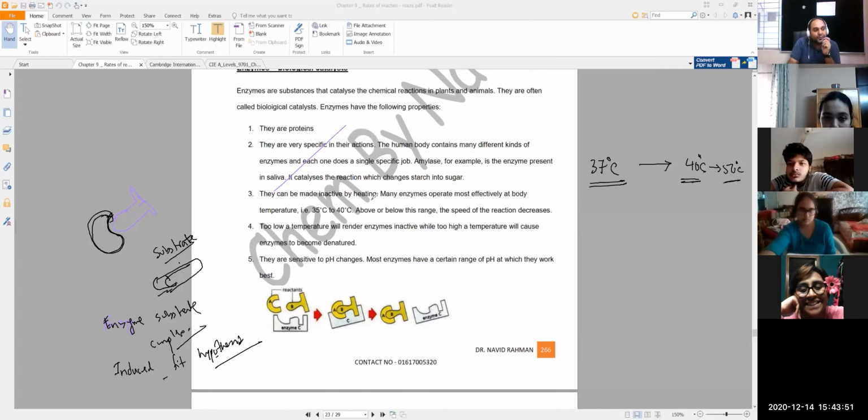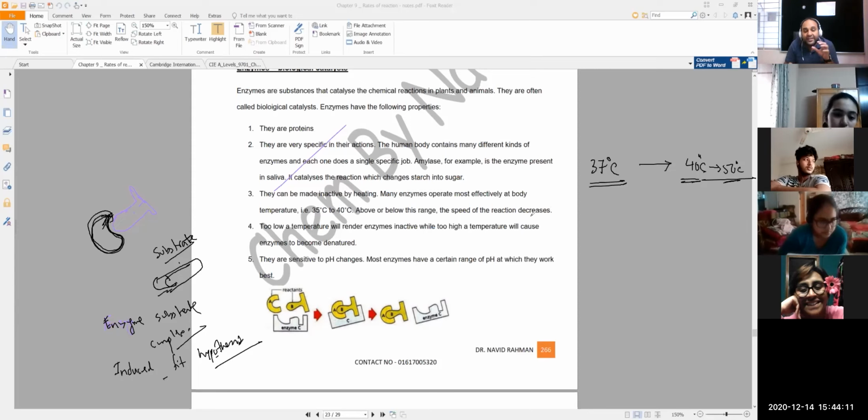Why? Because when you have very high temperature, their bonding, hydrogen bonding, induced dipole-dipole bonds, permanent dipole-dipole bonds, these all break down. So these are the bonds which hold the shape of the active site.